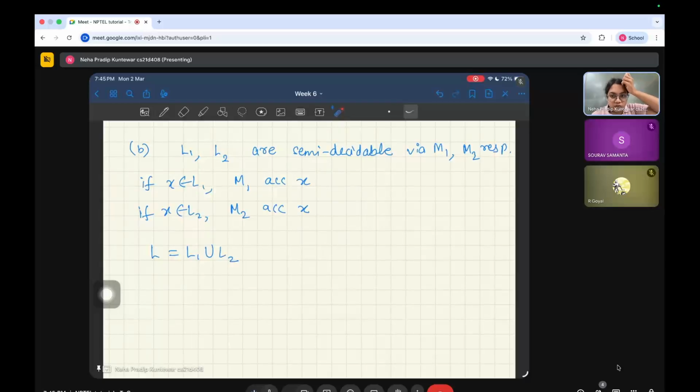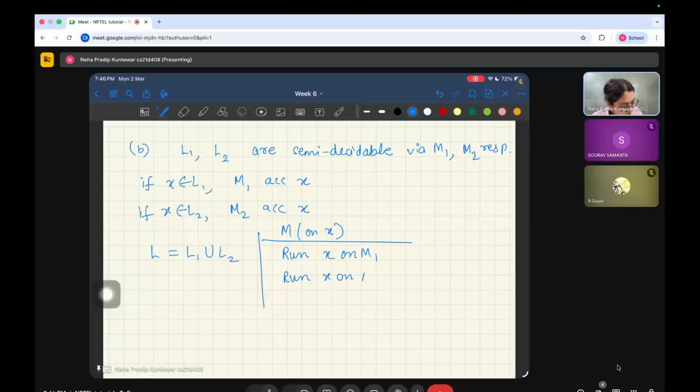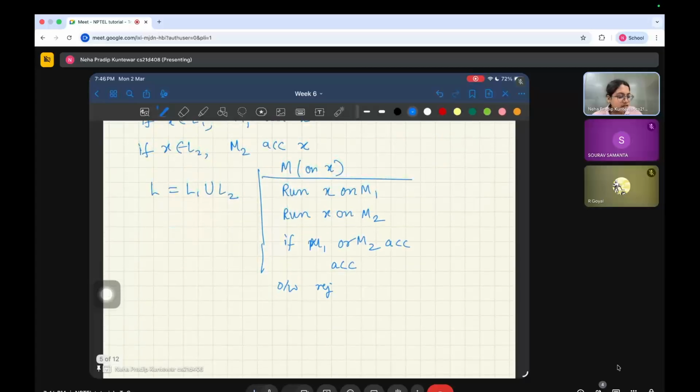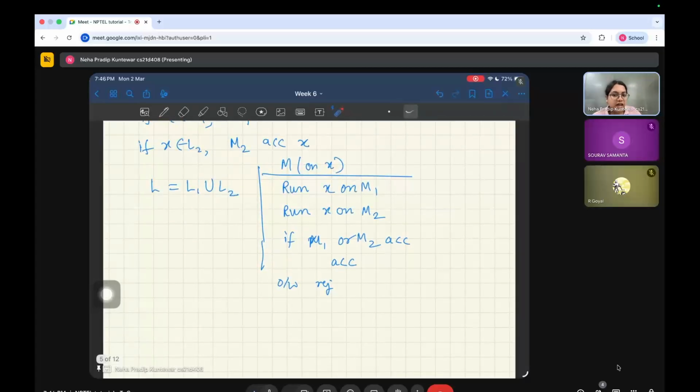Okay, so what we could do is you basically just run x on M1, run x on M2, and if M1 or M2 accepts, then we are going to accept, otherwise we reject. This is the idea, but there is one small catch with this.